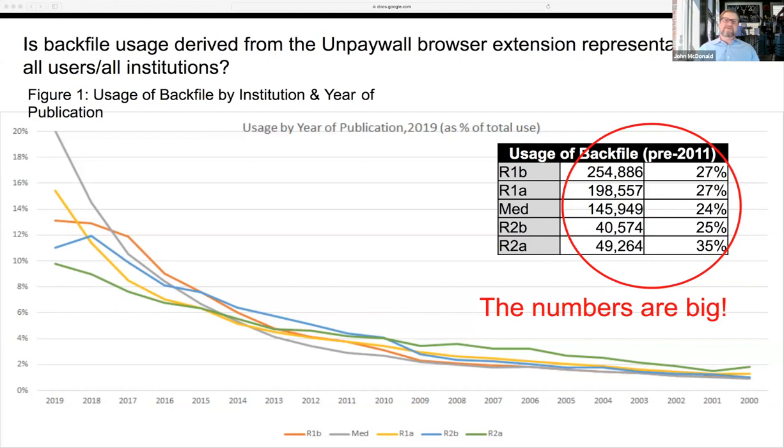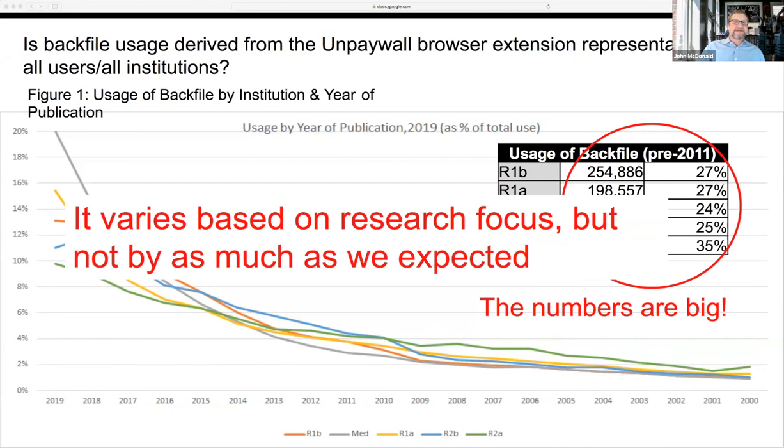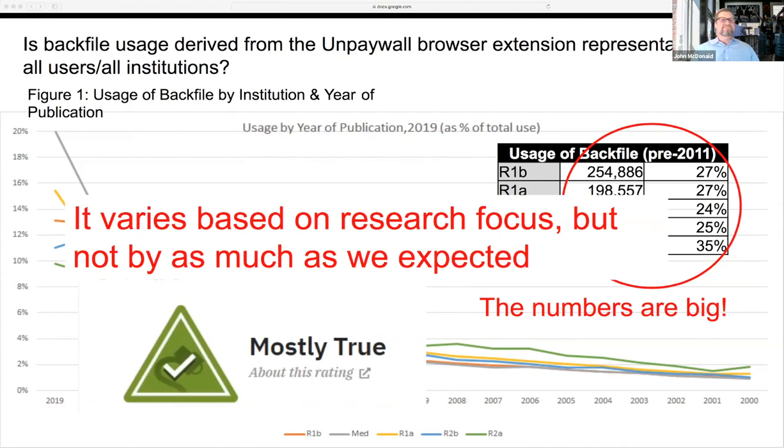So we're still ranging, even for a medical school, between 24% all the way up to an R2 that has comprehensive programs across the social sciences and arts and humanities as well, up to 35%. So these numbers are big. So our determination here is that usage of the backfile does vary based on the research focus of the institution, but really not as much as we expected. So our determination on this one was mostly true.